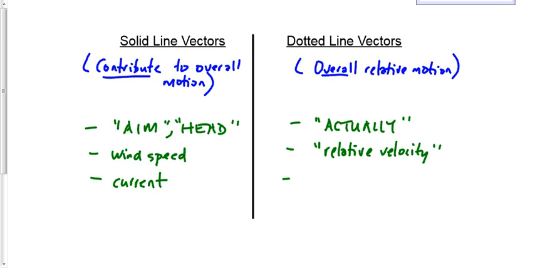My velocity relative to the ground. All of those are dotted line vectors because all of those are where I actually go. My velocity relative to the ground is not contributing to where I go, it is where I go. My relative velocity is where I actually go, not contributing to where I actually go.